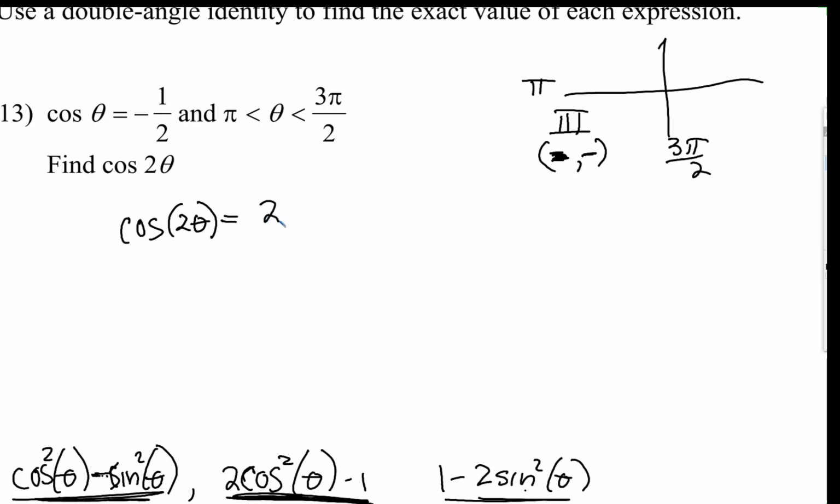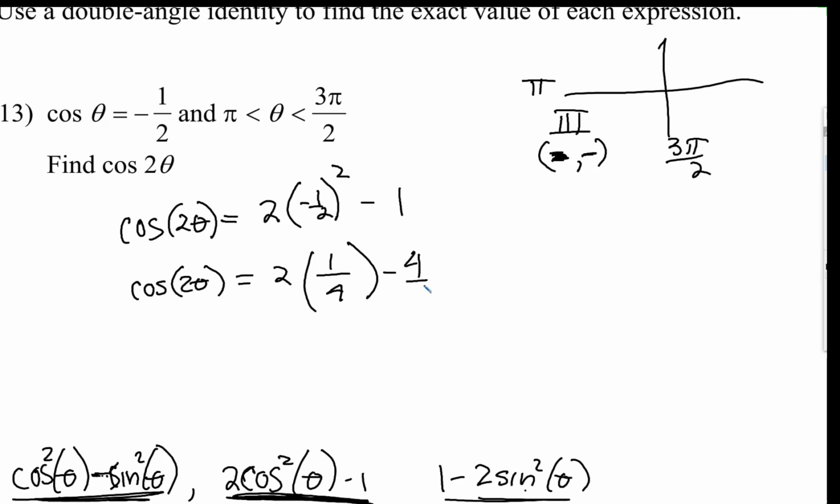So it's 2 times, well, the cosine is negative 1/2 squared, subtract 1. Well, this one's really easy. Negative times negative is positive, and 1 squared is 1, 2 squared is 4. So we're going to subtract 4 over 4.